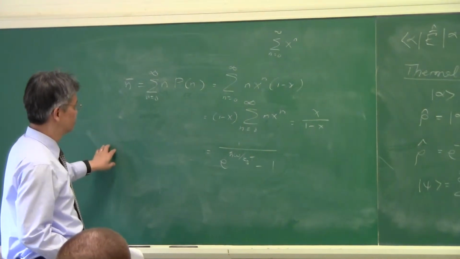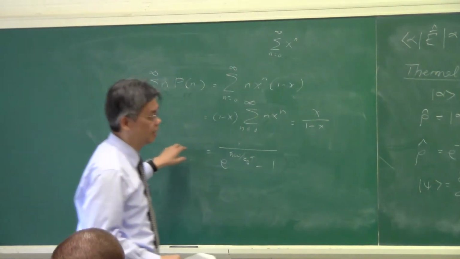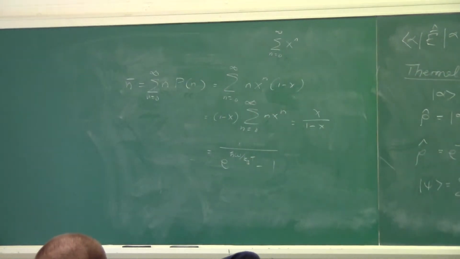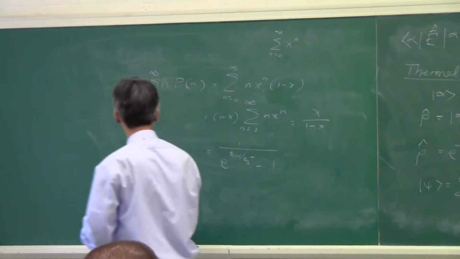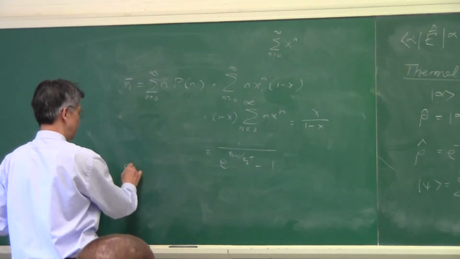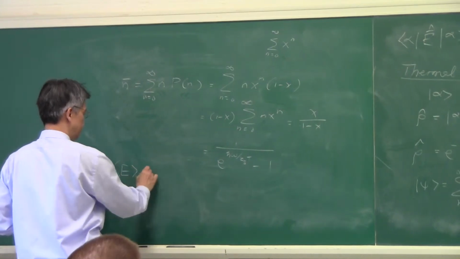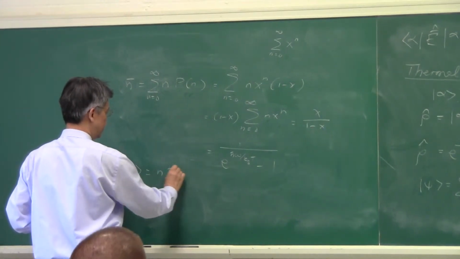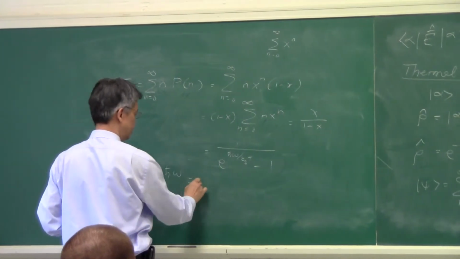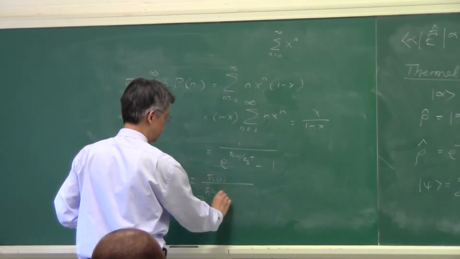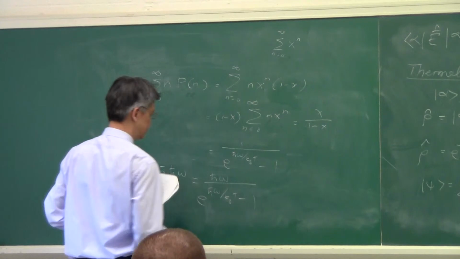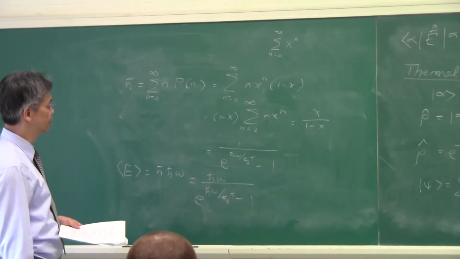Okay? So the average number of photons that you have in this quantum harmonic oscillator will be that number over there. And then the average energy will be n h bar omega, the average number times this, which is h bar omega over e to the h bar omega over kBT minus 1. Okay?